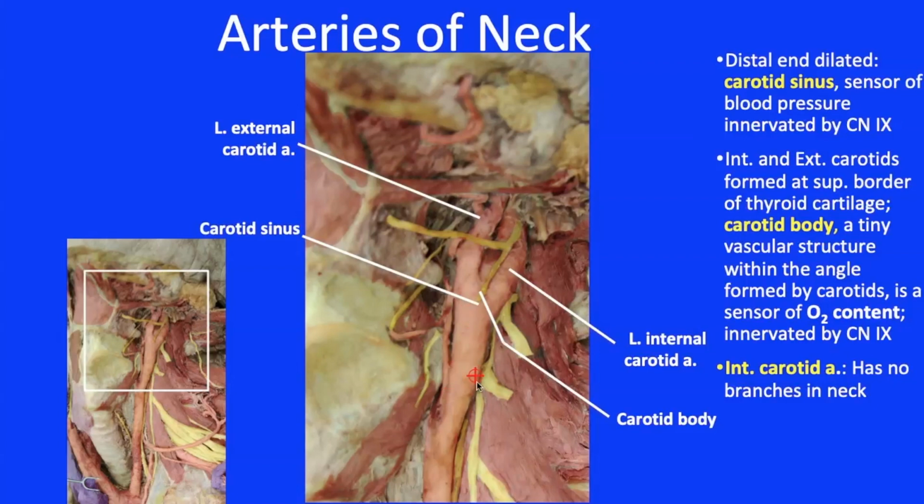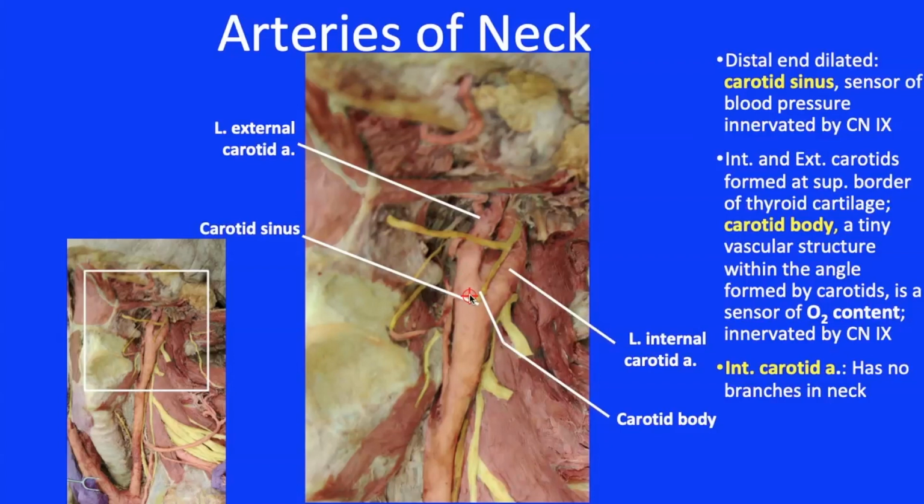The common carotid artery will split into an external carotid artery and an internal carotid artery. The latter will continue into the head and provide blood supply to it, but will not send any branches to the neck.